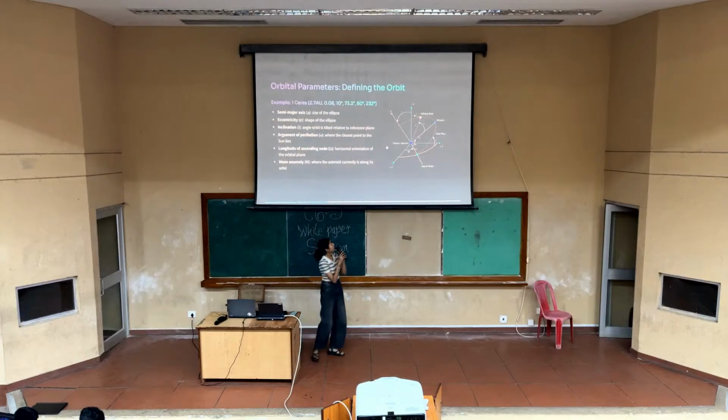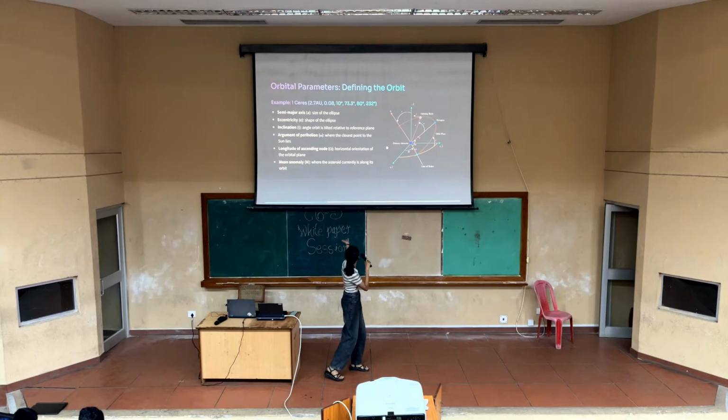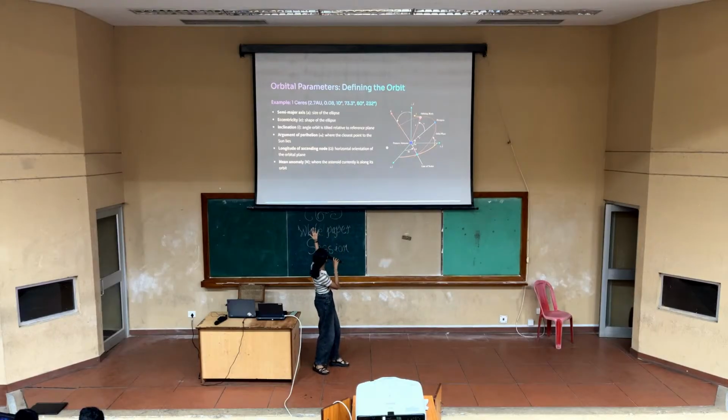The orbital parameters used in my model are as follows. Some of these you might know from the semi-major axis. The semi-major axis defines the size of the ellipse. Eccentricity basically defines the shape of the orbit. Inclination is the angle that tells us how much the orbit is tilted with respect to the reference plane.